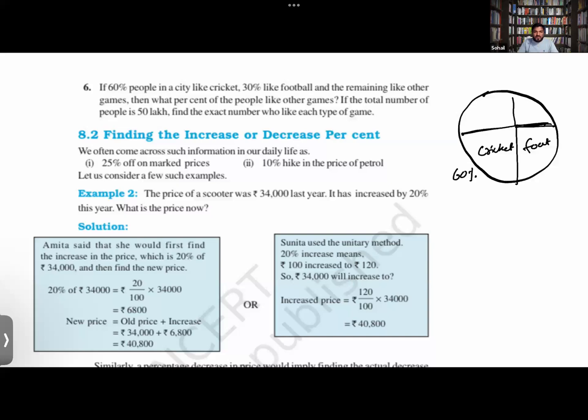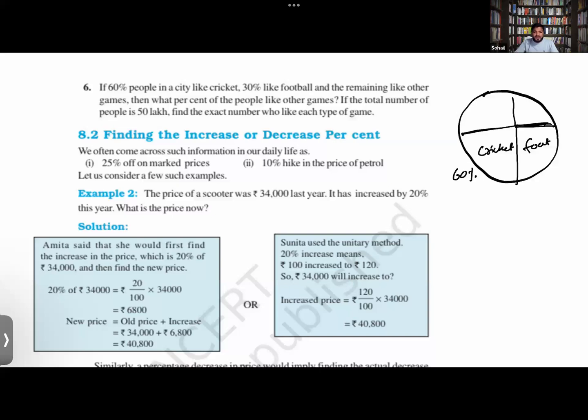Then what percent of the people like other games? Obviously 10%. So that's a simple thing.